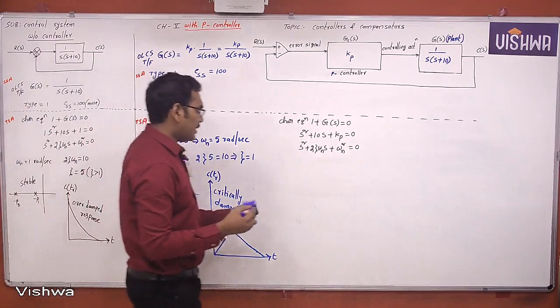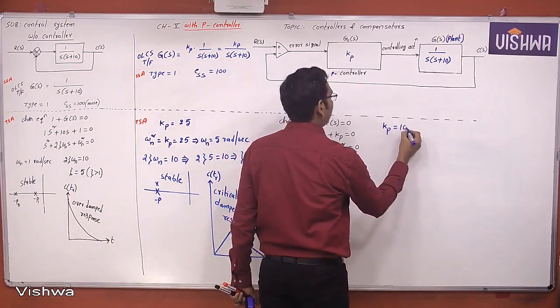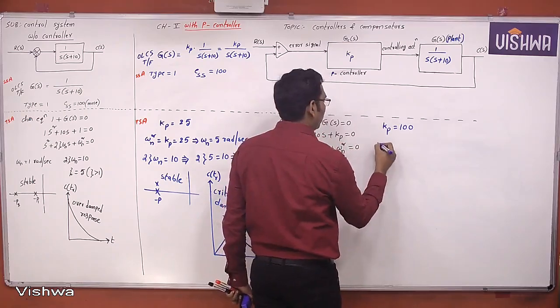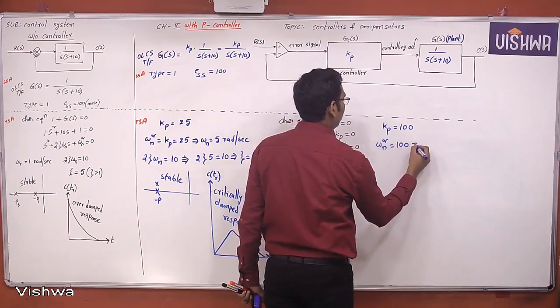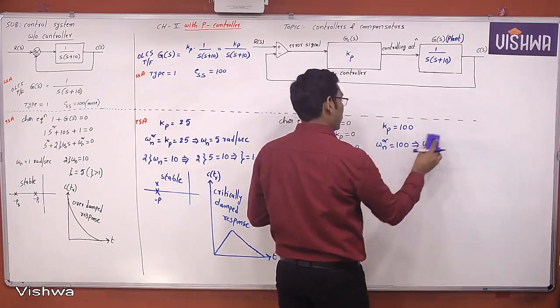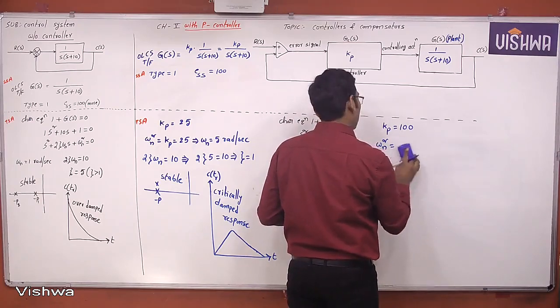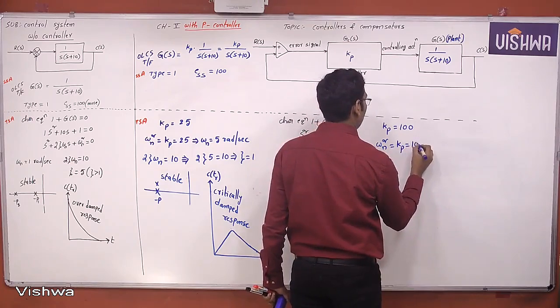Now let us check when Kp equal to 100. When Kp equal to 100, omega n² is equal to Kp, which is equal to 100.